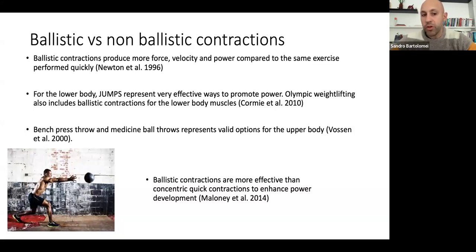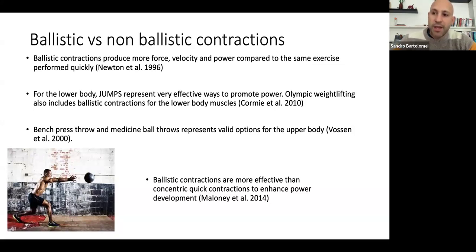of the range of motion, because the literature says that when you introduce a deceleration phase, a braking phase, at the end of the range of motion, the power goes down. It's lower compared to when you try to throw an object.